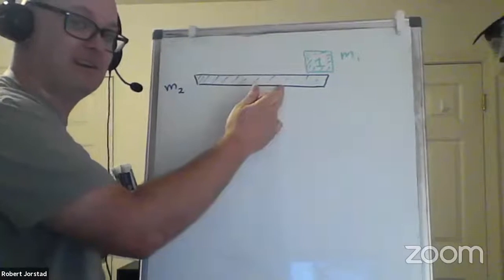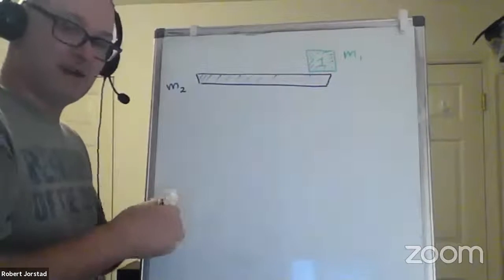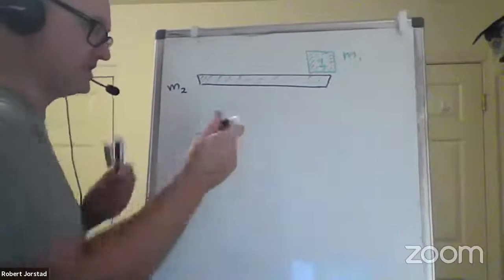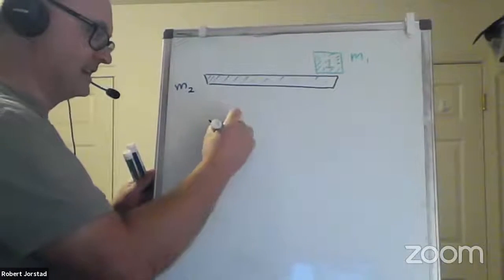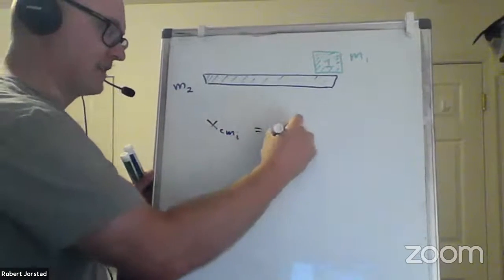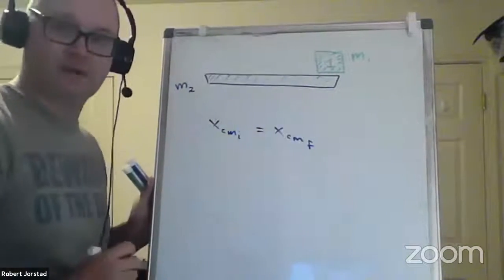Oh, okay. What about the center of mass being the origin? You could call the center of mass 0. Now check this out. You might not know why to do that, but let me just say we have x center of mass initial equals x center of mass final, right?